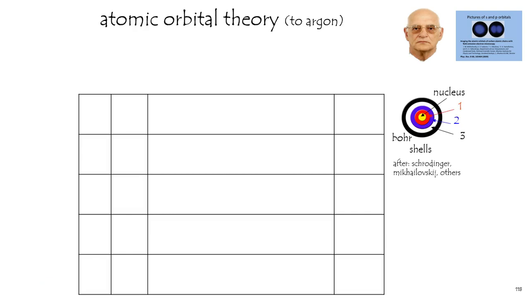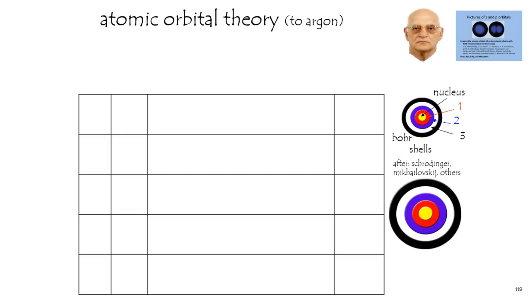Once it got applied to larger atoms, and this is primarily due to the work of Schrodinger and some other experimental data to confirm these things, it led to a model that looks more like this. First shell, fine, it's a sphere. Second shell, fine, it's a sphere, not just some spot where a hydrogen atom is located, but anywhere within that spherical region, excluding the nucleus.